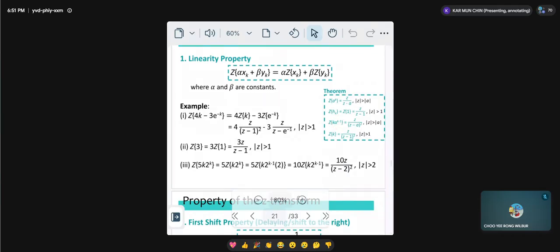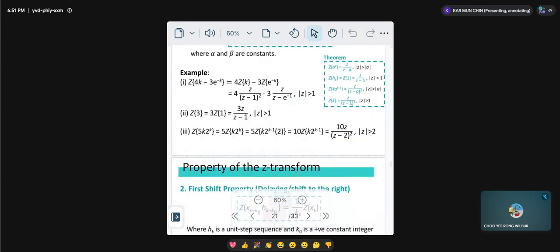Remember the previous techniques that we did: we can expand it, or we can make the terms into the form that we want. So here, 2 to the power of k is actually equivalent to 2 multiplied by 2 to the power of k minus 1, because minus 1 plus 1 is removed.